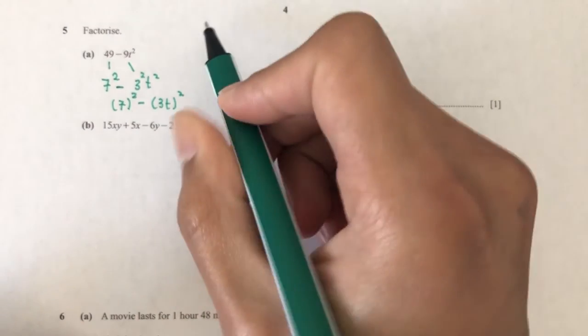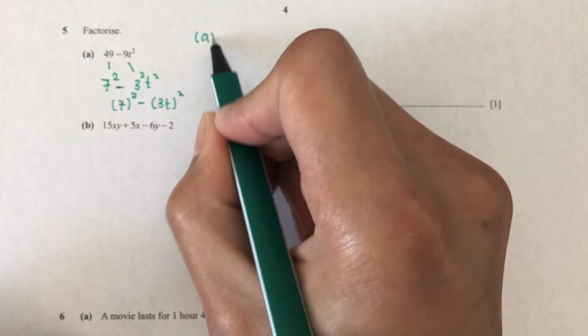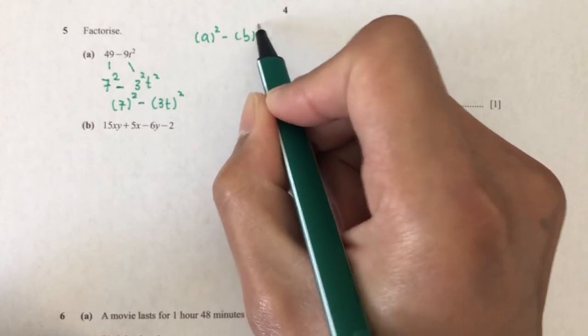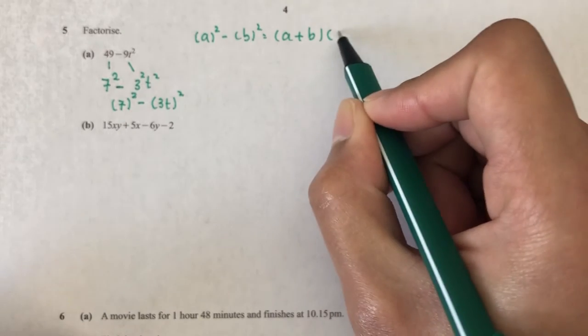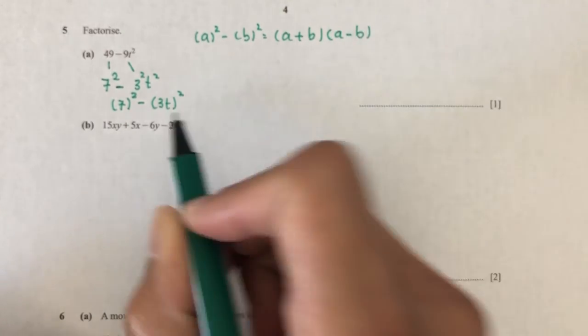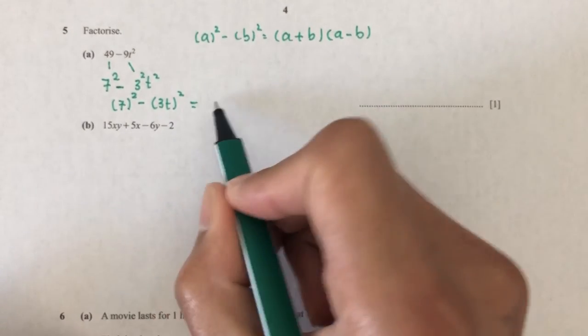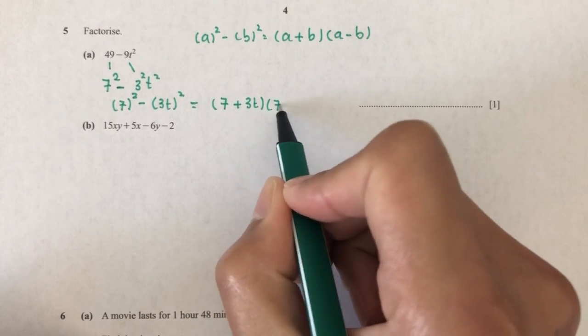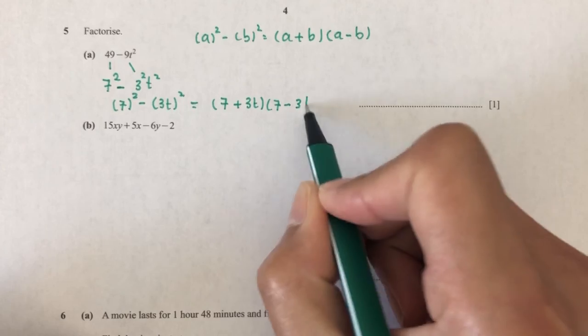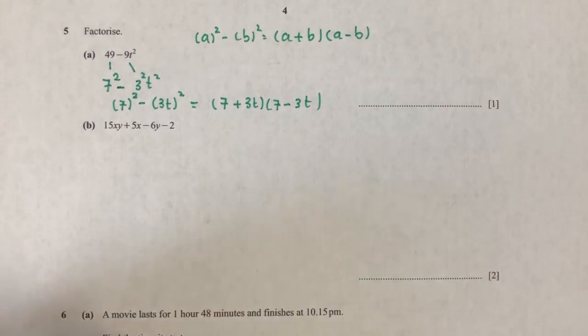We have to use the formula: if we have a squared minus b squared, we will have (a plus b)(a minus b). Same thing here, so we have (7 plus 3t)(7 minus 3t). That is the answer for part A.